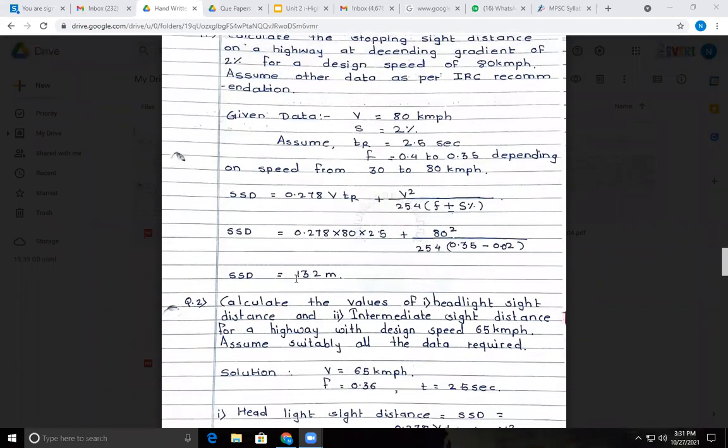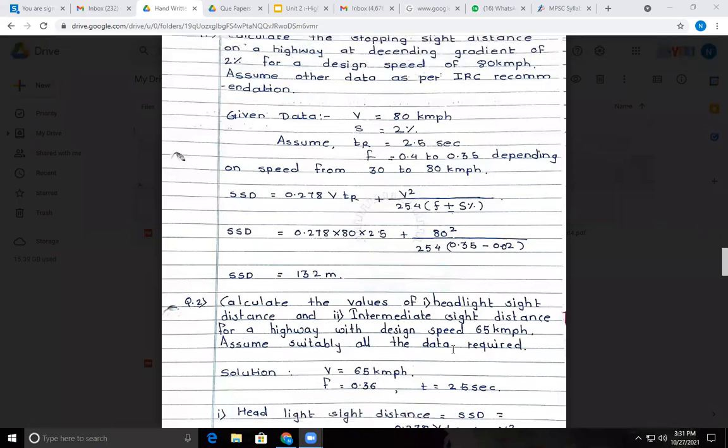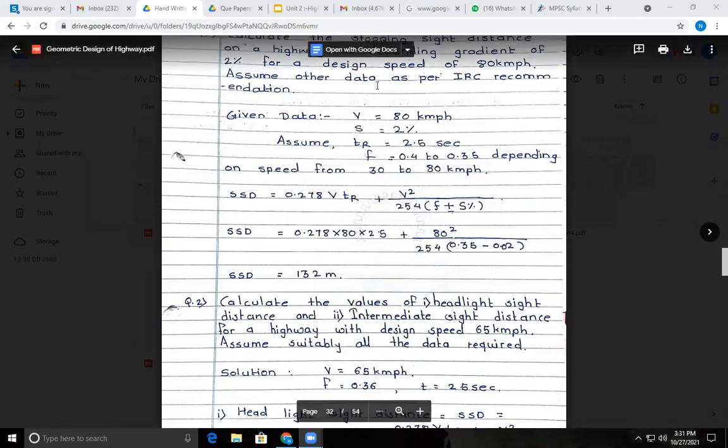And assume the required or suitable data. Here the value of gradient is not given, so assume a flat gradient, that is s is equal to 0. Take the gradient as 0 and try to solve the second problem if you have finished the first problem.